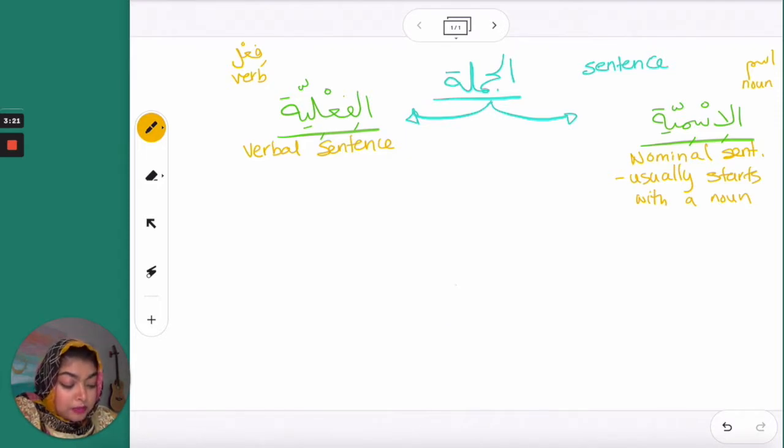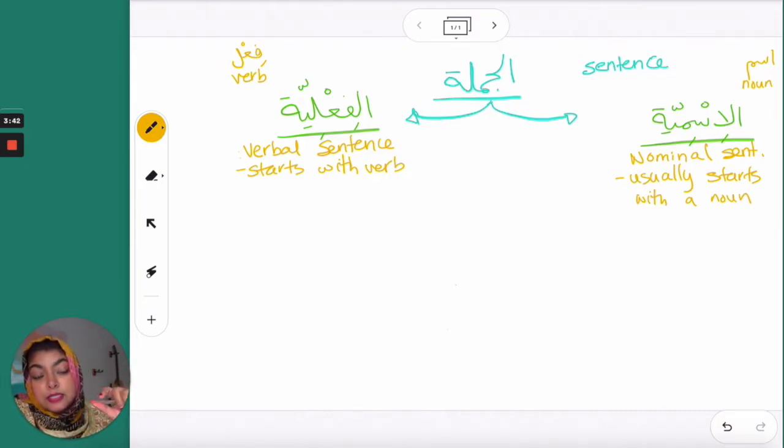So if جملة الاسمية starts with a noun, then what about جملة الفعلية؟ تبدأ بفعل. In this case we're not going to put usually, we're going to say starts with a verb. Okay. So you have جملة الاسمية, a sentence that starts with a noun, and جملة فعلية, a sentence that starts with a verb.